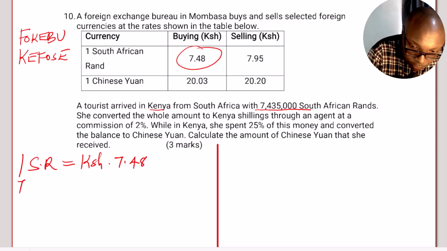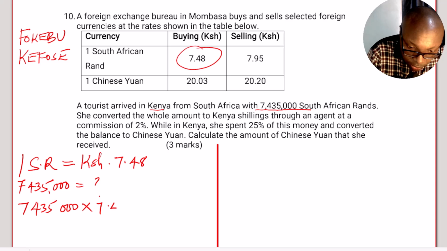So what about this amount, 7,435,000 South African rands? What will it be in Kenyan shillings? So you simply multiply 7,435,000 times 7.48. So this will give the amount in Kenyan shillings.